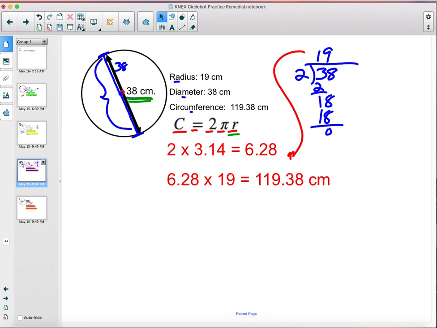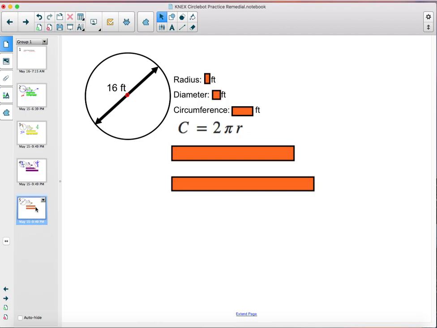Alrighty, let's try another example here. Once again, you can see that they've given us a chord all the way across the circle through the center point, and they've identified it as 16 feet. When you see this long chord all the way across, you know they're referencing the diameter.